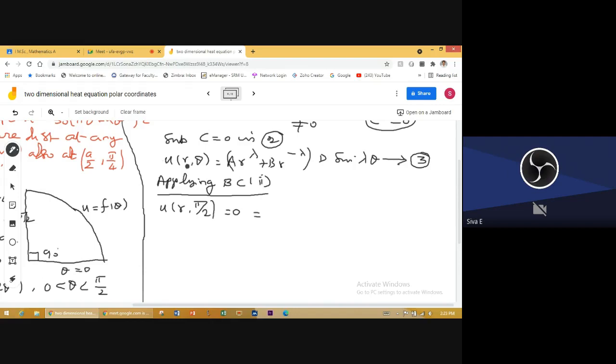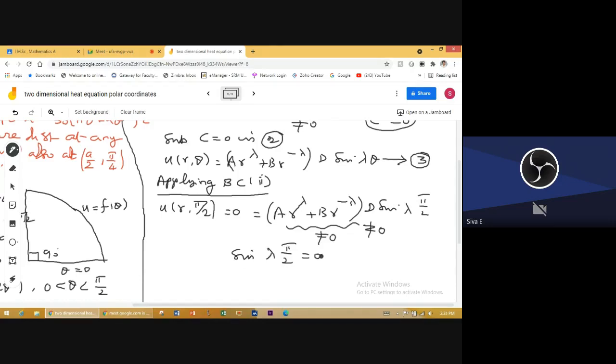So u of r comma theta is there, na? Substituting theta equal to pi by 2, (A r power lambda plus B r power minus lambda) D sin lambda pi by 2 equal to 0. Even here you can see that this is not equal to 0, D also not equal to 0. Only sin lambda pi by 2 equal to 0.